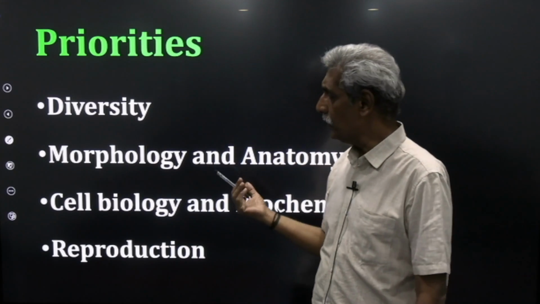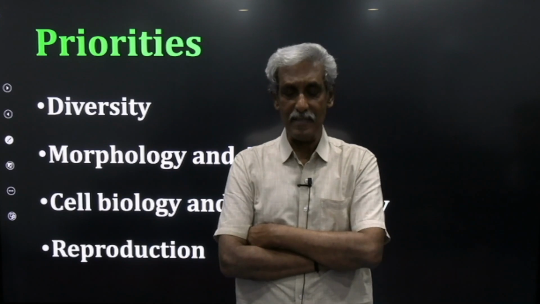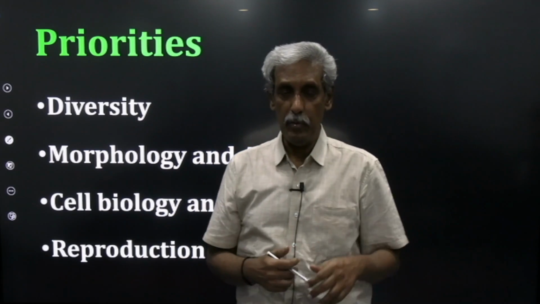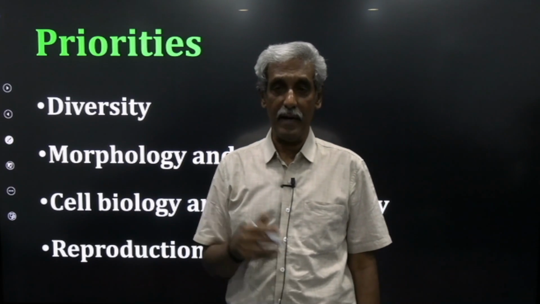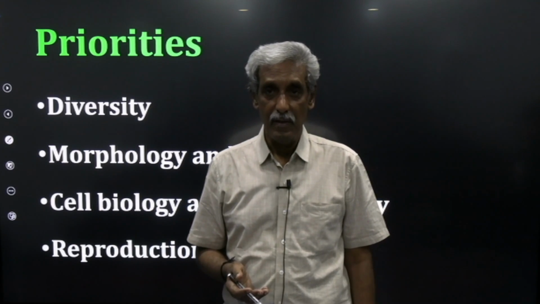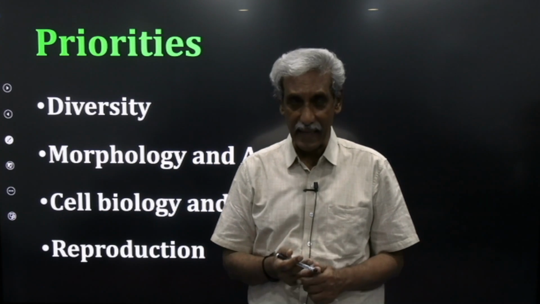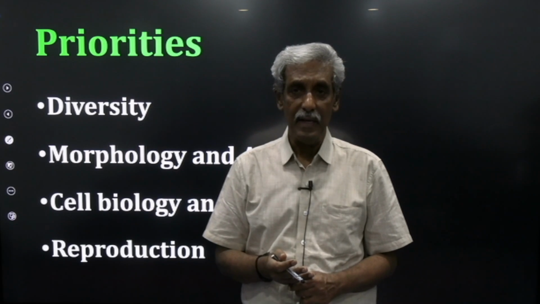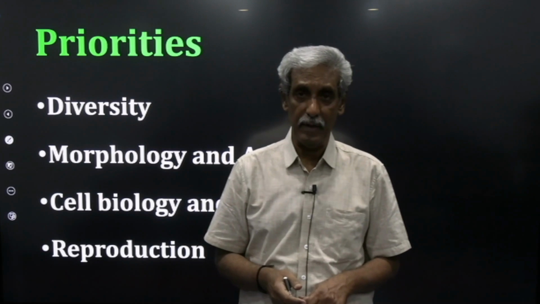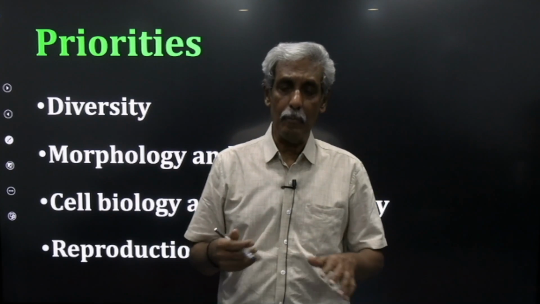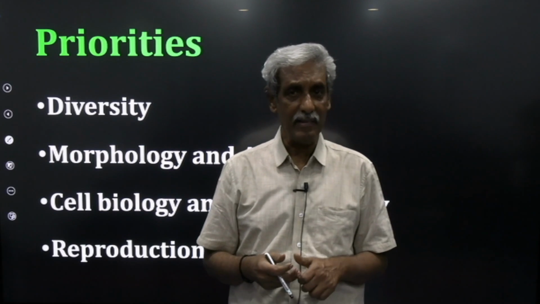Whenever we are reading life sciences, you need to have a good knowledge of diversity. Now what exactly is diversity? That is the variety and variability of life forms. The concentration should be right from the lower organisms like algae, fungi, bacteria, and viruses, which come under the lower order of living organisms, including the most primitive plants, which are the bryophytes, pteridophytes, and gymnosperms.